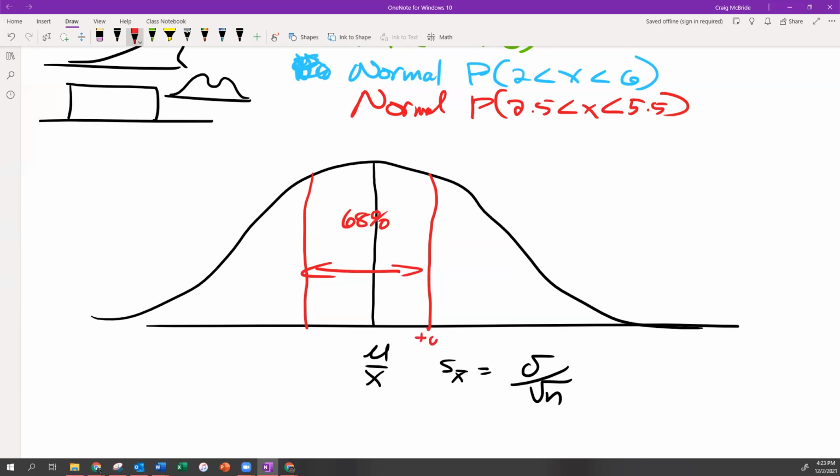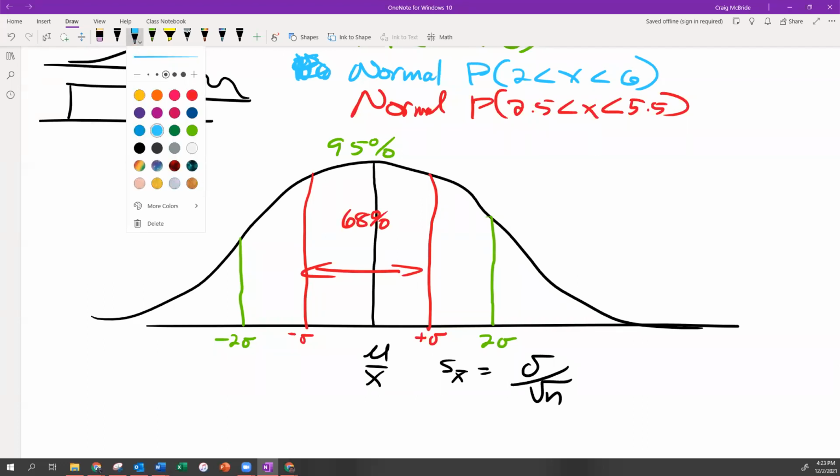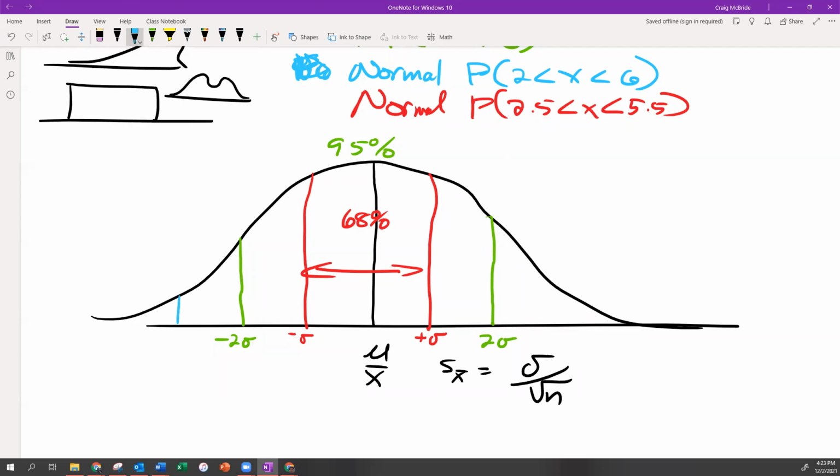If we go plus one standard deviation and minus one standard deviation, that's 68%. If we go out 2 standard deviations in both directions, that's 95% of our data. And if we go 3, then that's going to be 99.7% of our data.